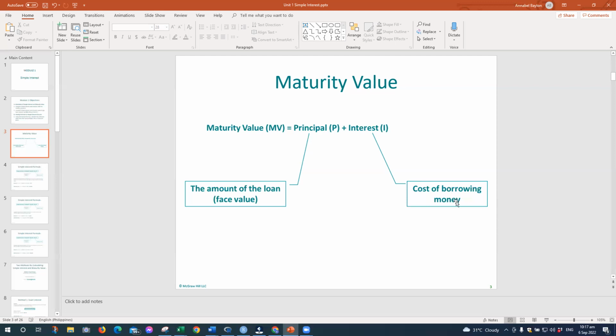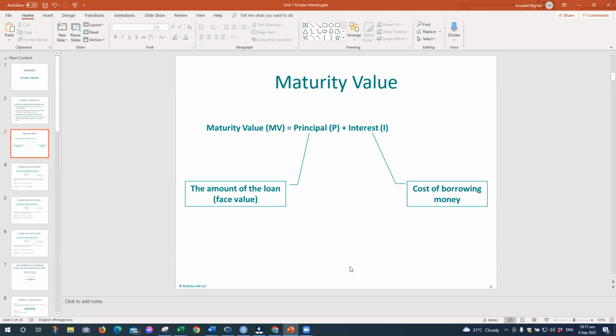So in whatever situation, whether it's a loan or an investment, there's always an interest that comes with it, which presupposes that this amount of money is not free. It emanates from the principle of the time value of money. Time value of money means money has cost.